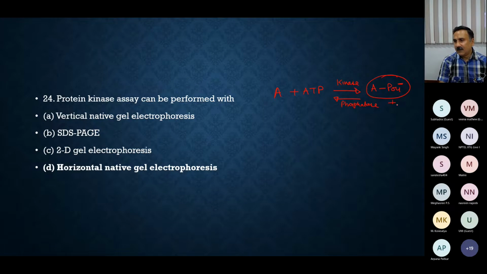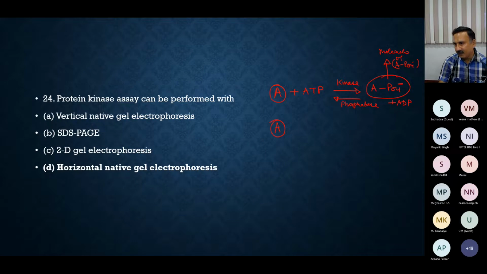Along with this, you are also going to generate the ADP. So you are actually having the two species. One, A. If I want to monitor this, I have to measure the number of molecules of this A phosphate species, right?